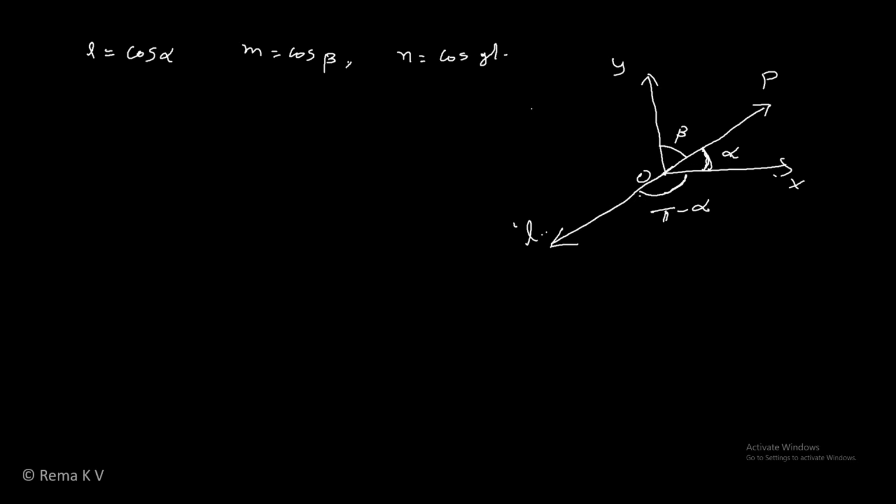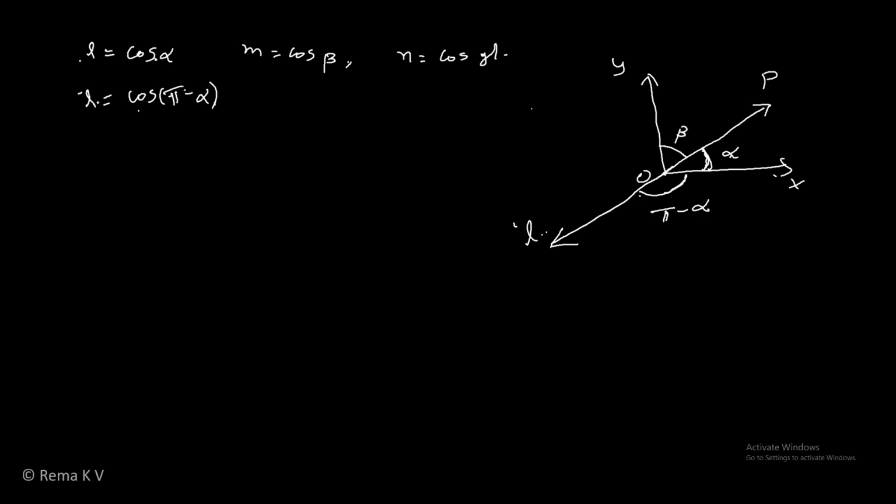So in this case we are saying the direction cosines are L is equal to cos alpha. At the same time, we can write this as cos of pi minus alpha. Cos of pi minus alpha is minus cos alpha.